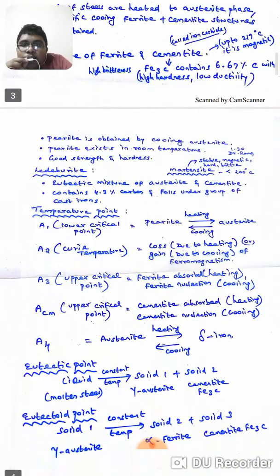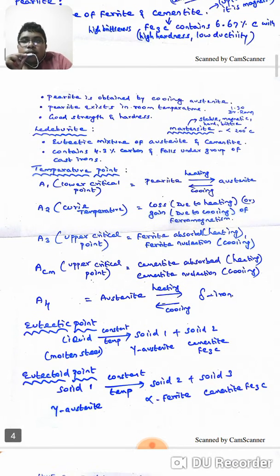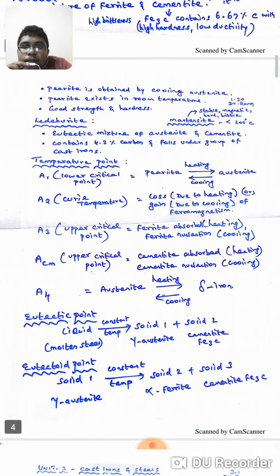And coming to the temperature points, A1 is the lower critical point where pearlite on heating converts into austenite, and on cooling converts back into pearlite, which is a reversible process. A2 is the Curie temperature, loss of ferromagnetism on heating or gain on cooling.